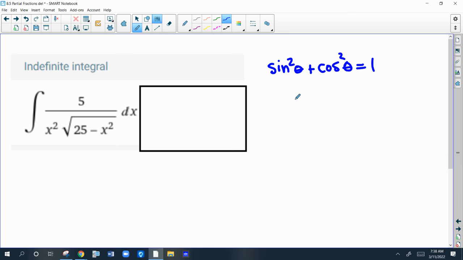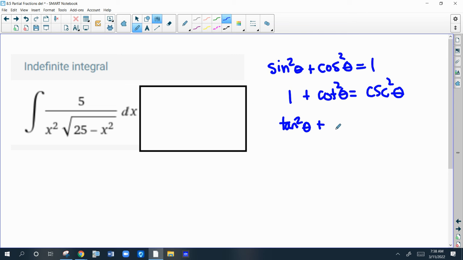From that, if you divide by sine squared, you get 1 plus cotangent squared equals 1 over sine, which is cosecant squared. You can use that one. Sometimes you will have to do that if there's a plus instead of a minus, or you could divide by cosine squared. So you just have to think about which one.